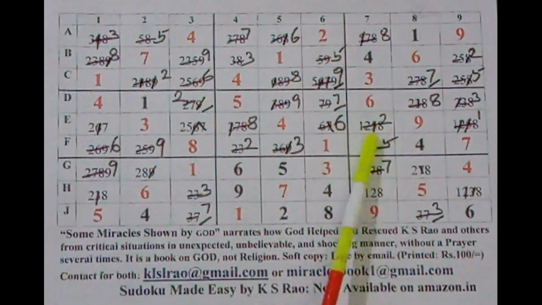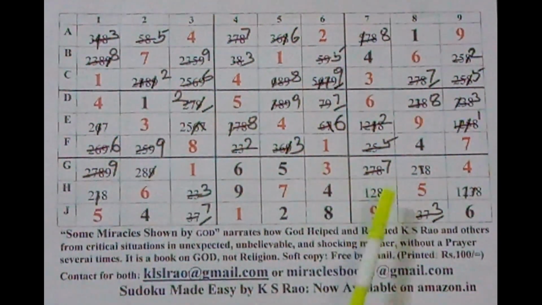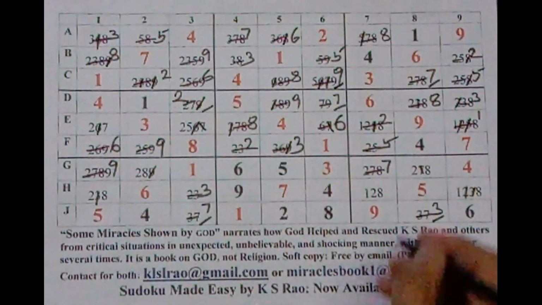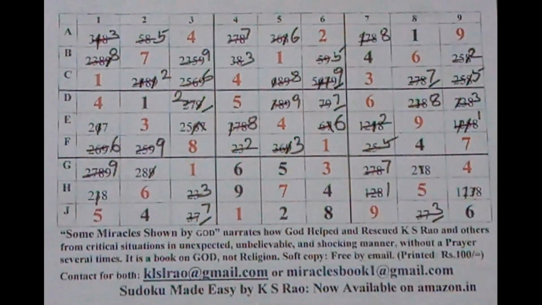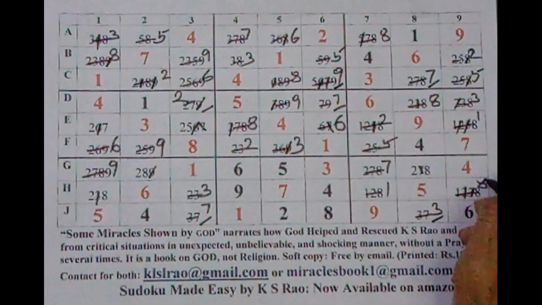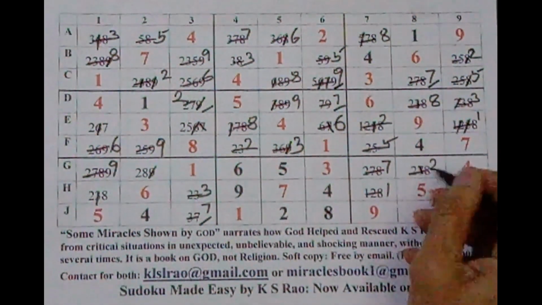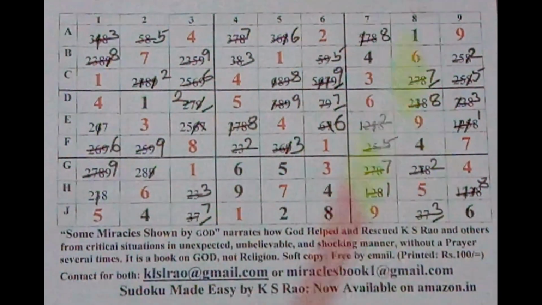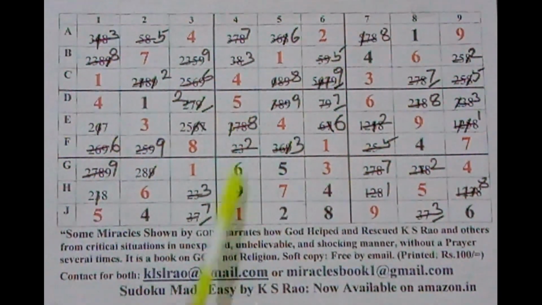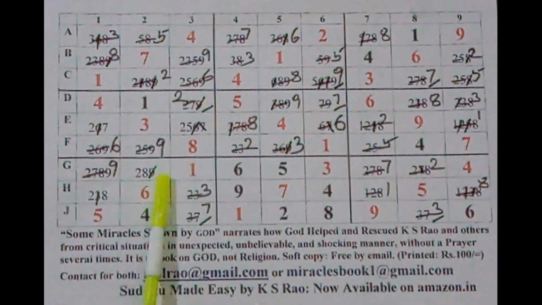And 2 and 8 being above this place, H7 gets number 1. Naturally, H9 gets number 8, and here it is a 2. So this strip also is complete.